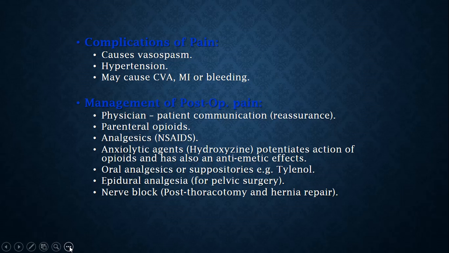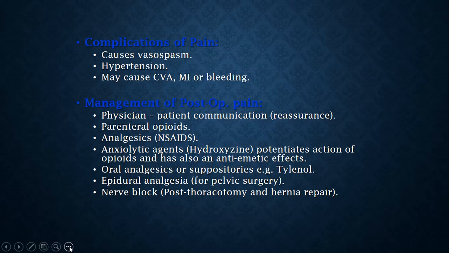Management of postoperative pain: first thing is reassurance, then medication started in a stepladder fashion, non-steroidal agents like paracetamol, then steroids, and in severe pain parenteral opioids can be used. Patients might need some anxiolytic agents.